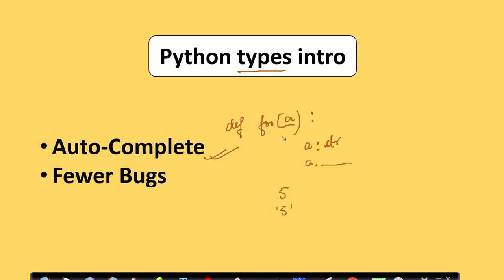The developer has to understand. But the moment I specify that this a is going to be a string, the developer will understand what he or she needs to pass. Thus we can remove some of the production bugs. These are the two most important features of types.